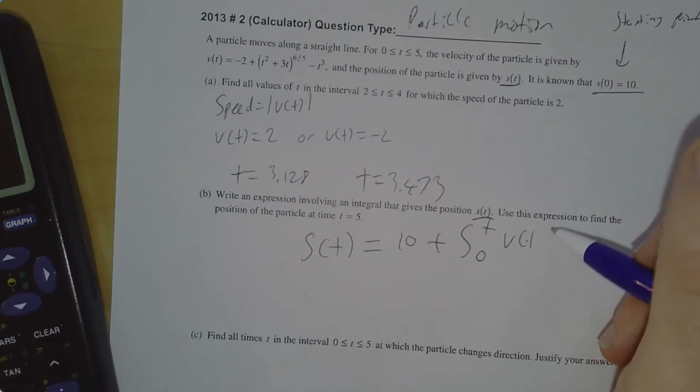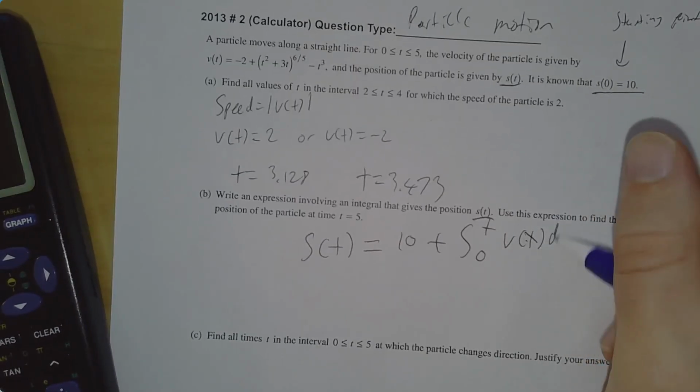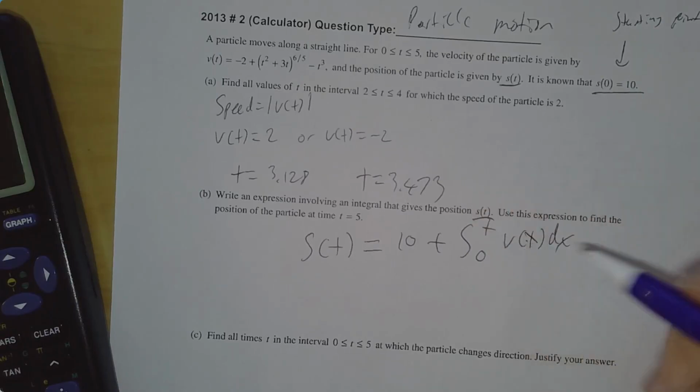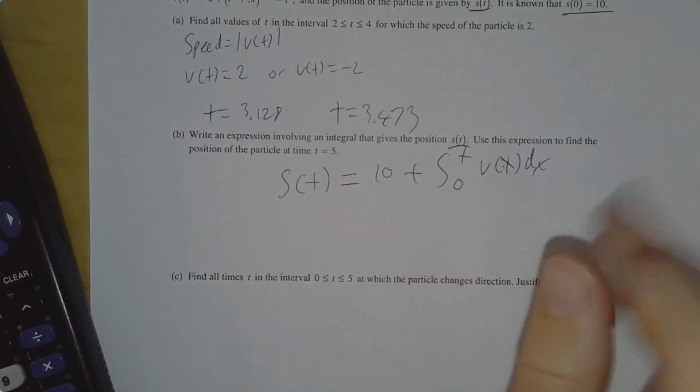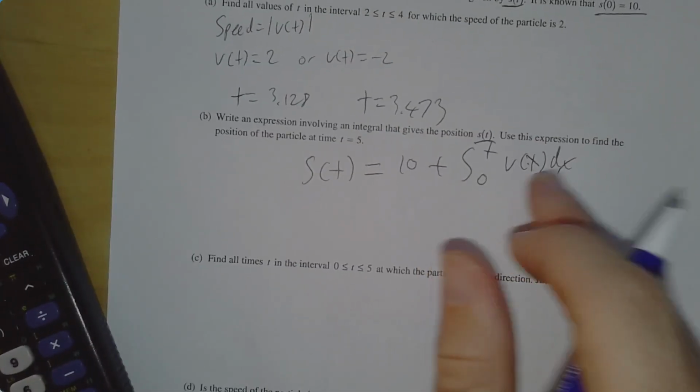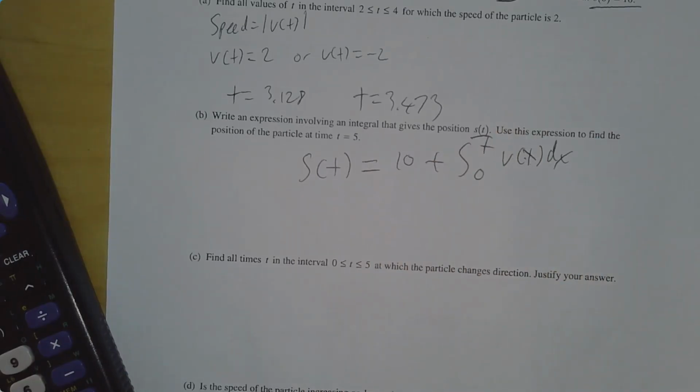I don't know if they would take off points if you did v of t dt, but I would say v of x dx. You just want these variables to be different than these variables.